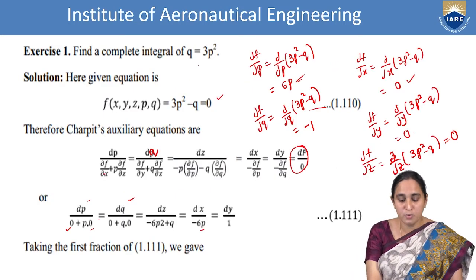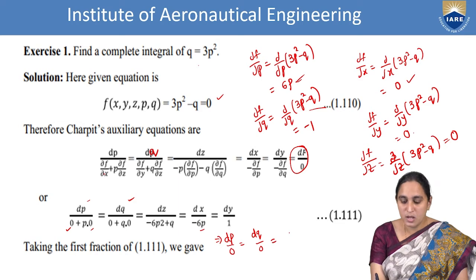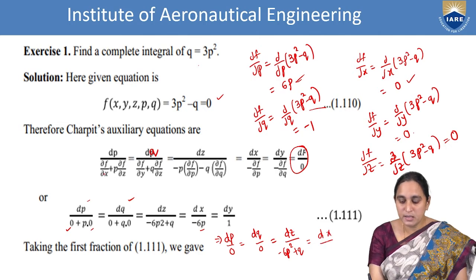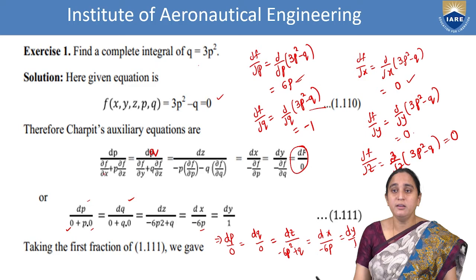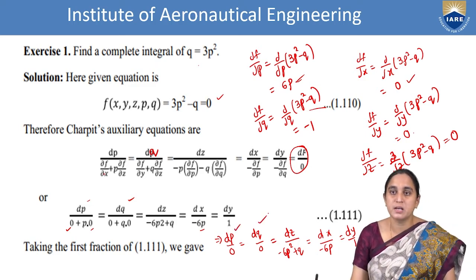The first two terms are dp/0 = dq/0, then dz/(−6p² + q), dx/(−6p), and dy/1.